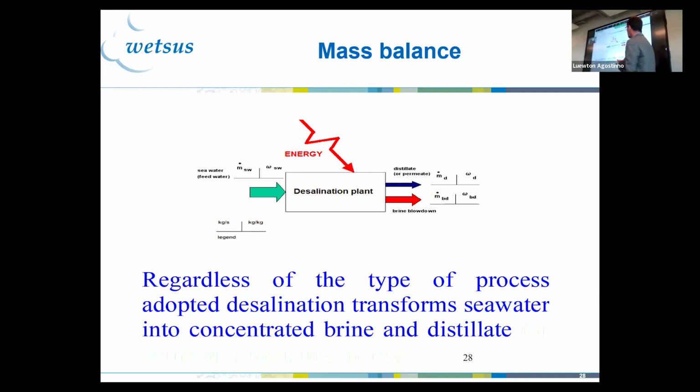In terms of mass we use kilograms. Your mass flow is normally expressed in kilograms per second, and your concentration in kilograms per kilogram, so kilograms of salt per kilogram of water. Independent of the type of process adopted, desalination transforms seawater into concentrate, brine, and distillate.